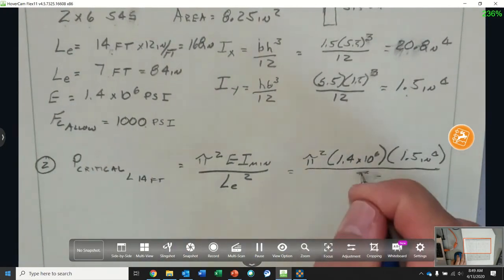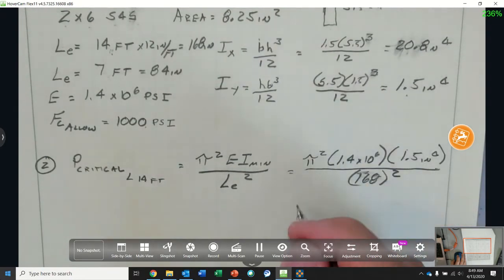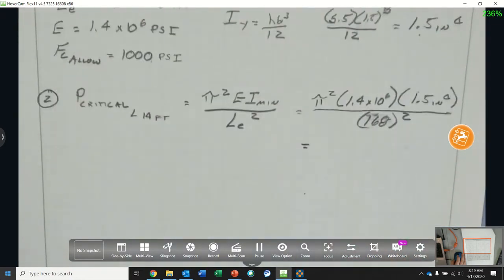So this is 168 squared. So pi times 1.4 times 10 to the 6 times 1.5, divided by 168 squared.